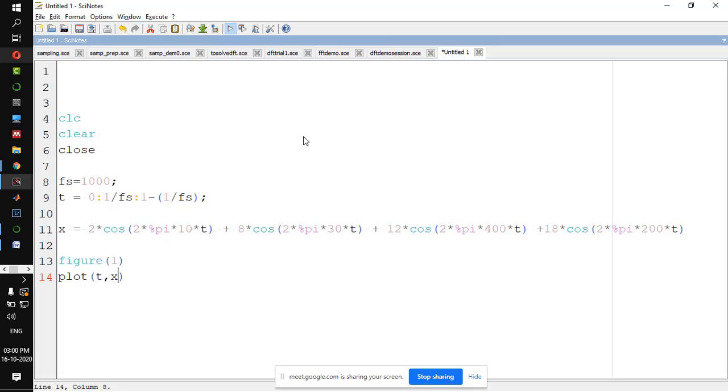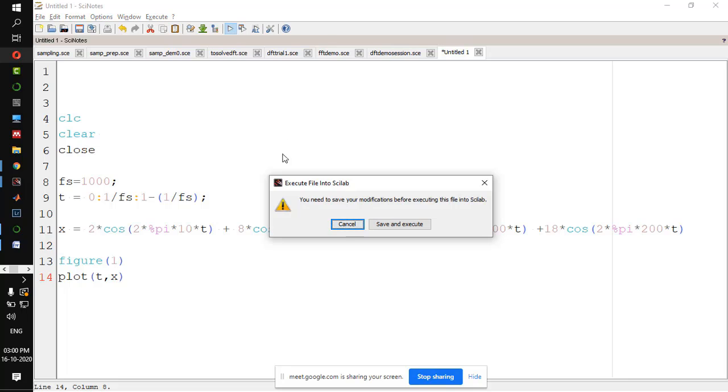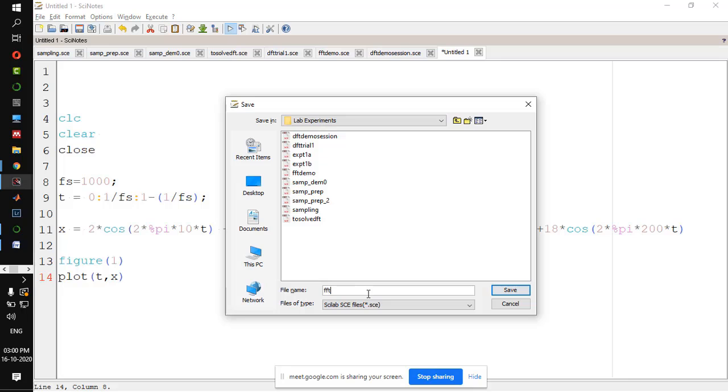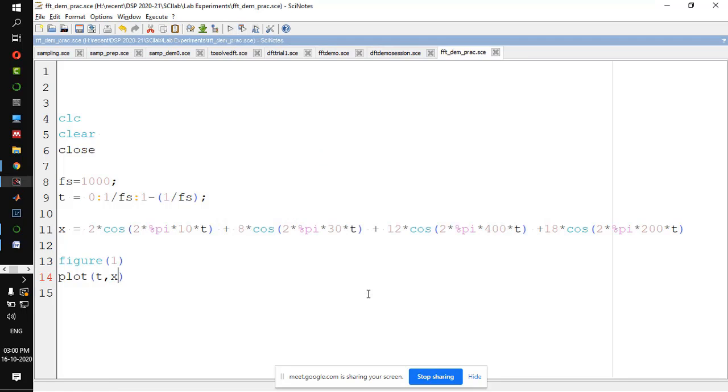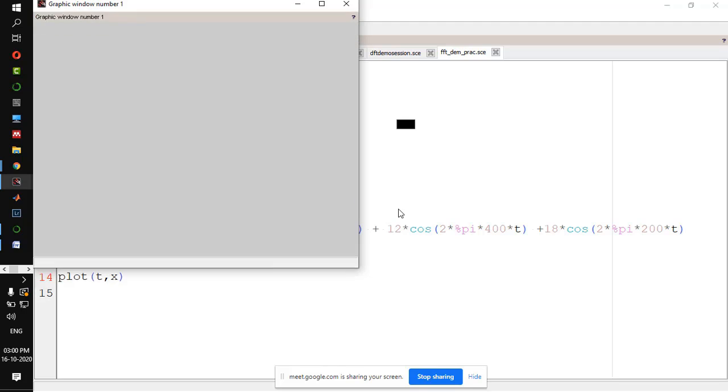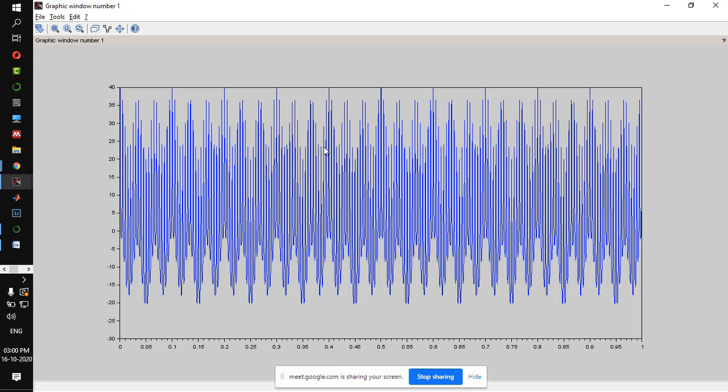Let me run DFT_demo_practical_approach and show you what's happening. Fine. So this is our time domain signal x of t. Or if I plot it in terms of samples, I'll get x of n. So this is our signal x of t or x of n.